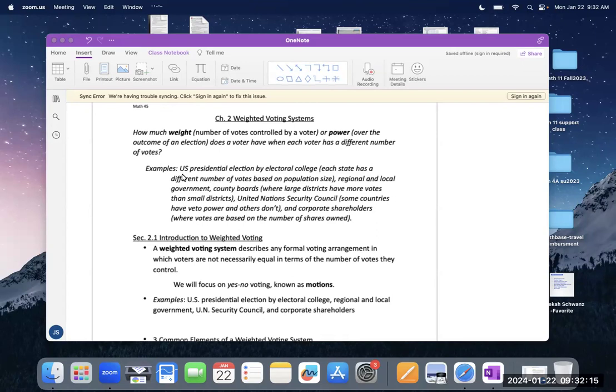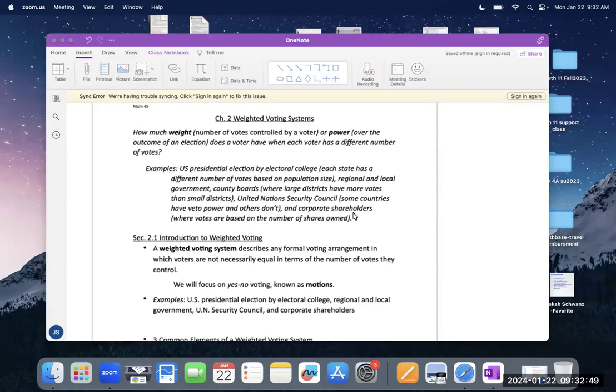So, like I already mentioned, examples are the US presidential election by Electoral College. Each state has a different number of votes based on the population size. Regional and local government elections also have weighted voting systems. And then county boards, where large districts have more votes than small districts. And the United Nations Security Council, where some countries have veto power and others don't. And corporate shareholders.